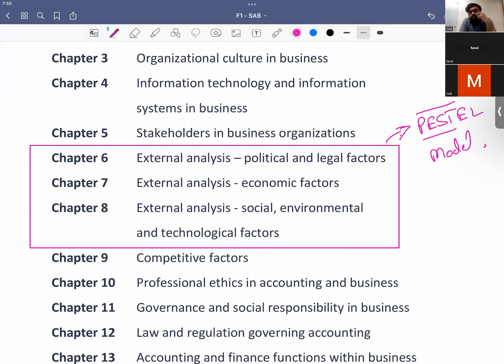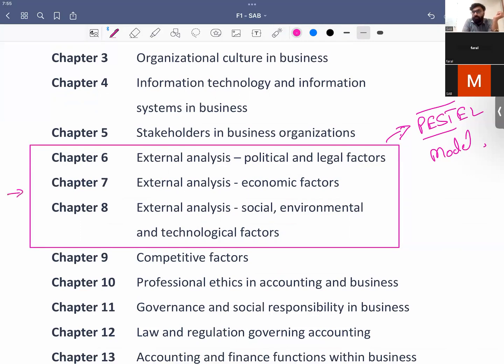Why, sir? Why does this chapter carry significant worth? Because in Pakistan, there are very adverse consequences in our currency; the economic trends are against Pakistan. The dollar rate is high, the inflation is high, and everything is going that way. Any person who wants to understand the reasons needs to know these factors. If you want to analyze a country's economy, stability, and growth prospects, you need to do the PESTEL analysis.